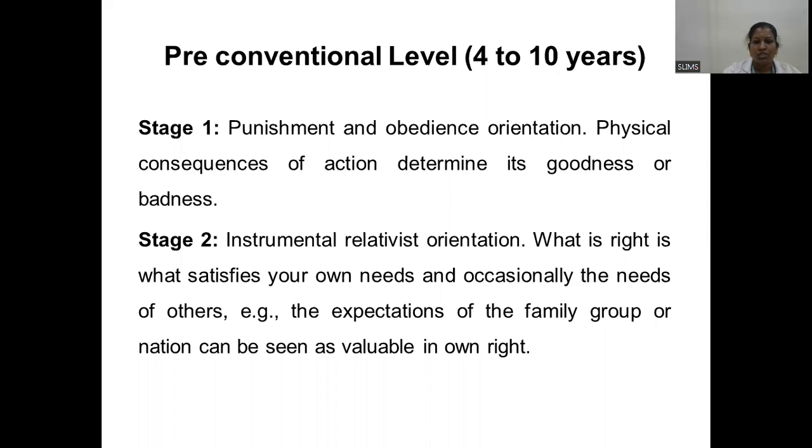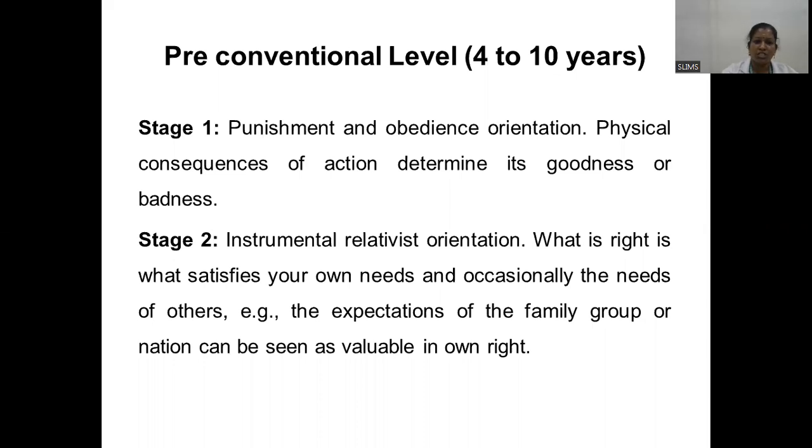And then stage 2, instrumental orientation. What is right is what satisfies one's own needs and occasionally the needs of others. For example, the expectations of the family group or nation can be seen as valuable in their own right.